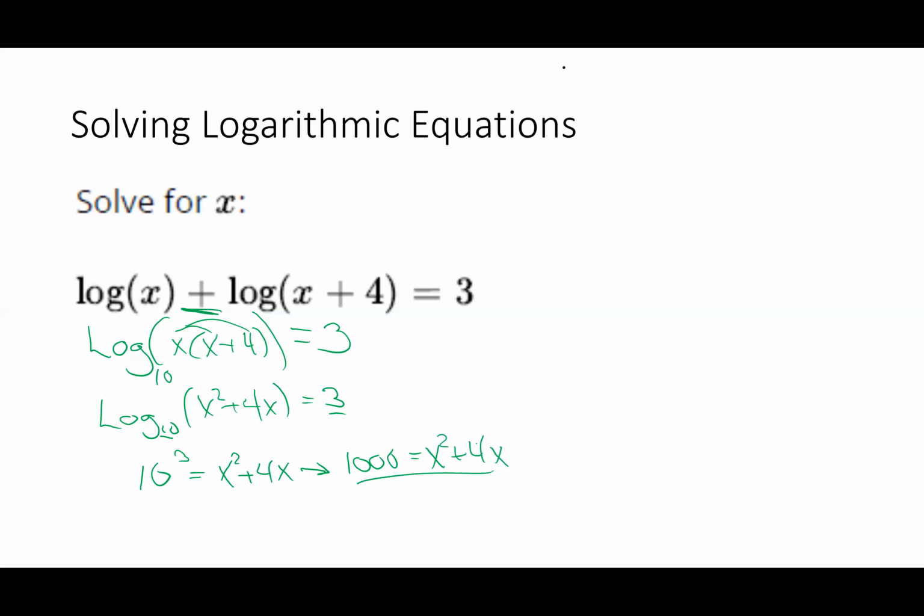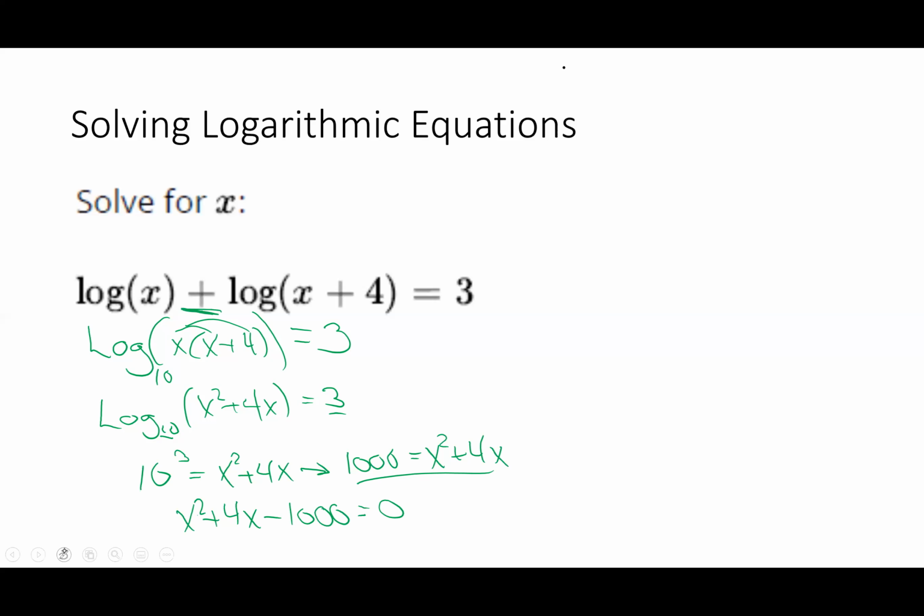This is a quadratic equation. I know how to solve this. I'm going to start by subtracting the 1,000 from both sides. And I get this expression here. Now from here, we could use quadratic formula, or we could use factoring. I'll tell you, factoring is going to very quickly show itself to be not a great idea.